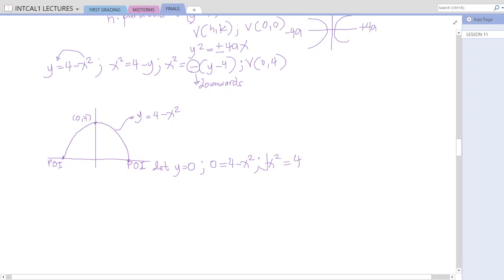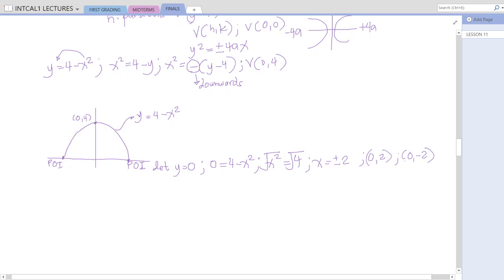Getting the square root of both sides, x is equal to, don't forget that it is a square root, so it gives us two values, positive and negative 2.